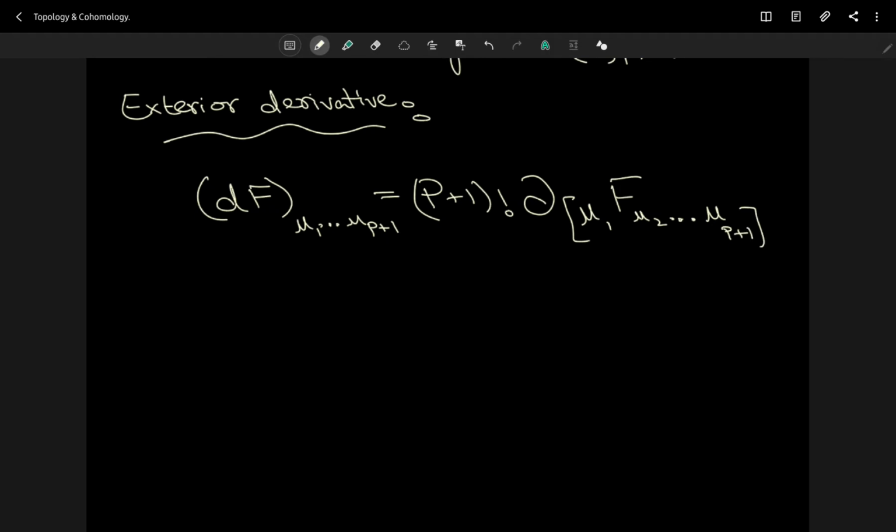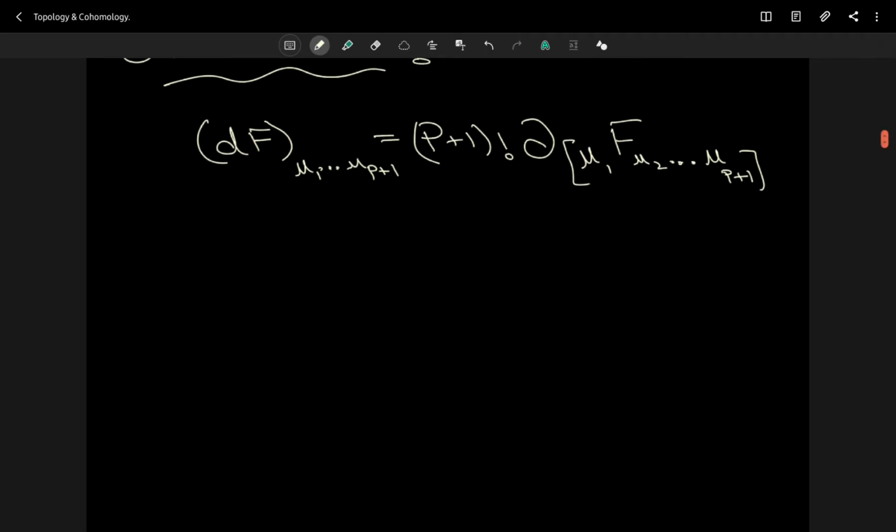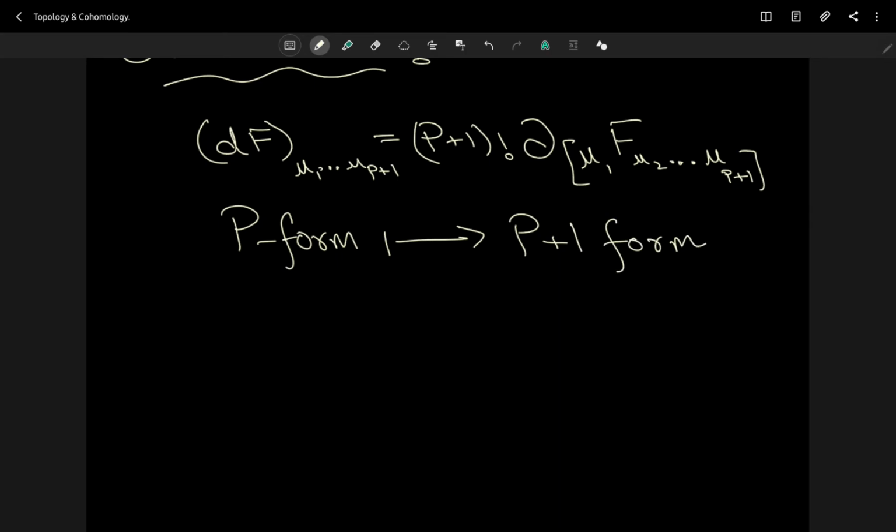And what this exterior derivative does is that it takes a P form to a P plus 1 form, right? So if you take the exterior derivative of, for example, a 1 form, you will take it to a 2 form.